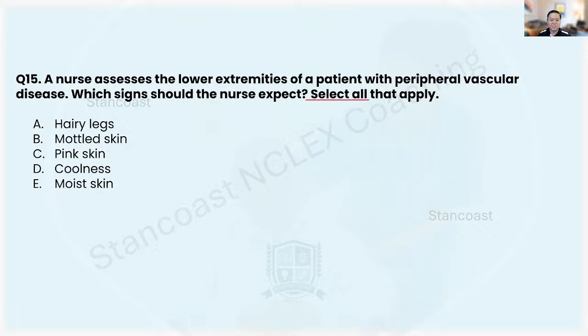The question states, a nurse assesses the lower extremities of a patient with peripheral vascular disease. Which signs should the nurse expect? Select all that apply. A, hairy legs? B, mottled skin? C, pink skin? D, coolness? And E, moist skin?